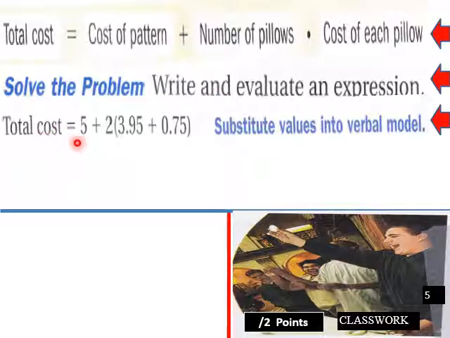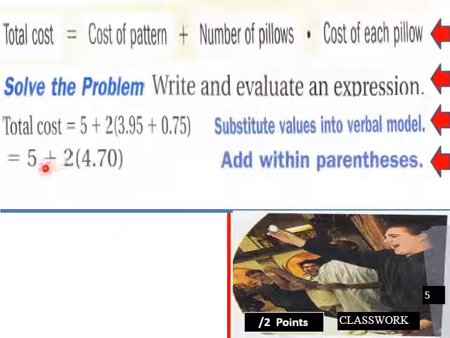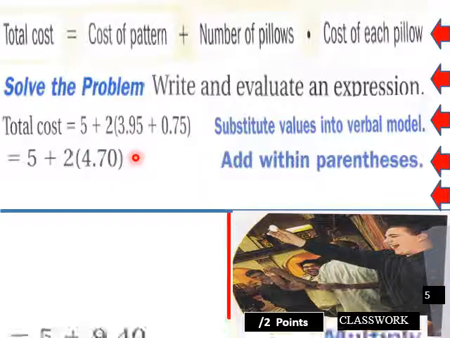The total cost would equal 5, the cost of the pattern, plus 2, the number of pillows, times the cost of each pillow, $3.95 plus 75 cents. So we have 5 plus 2 times 4.70, since 3.95 plus 0.75 is 4.70.